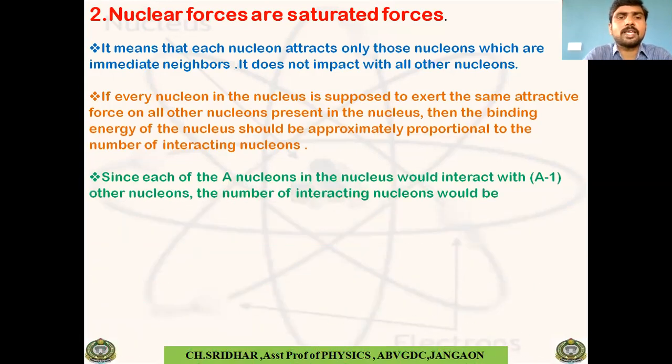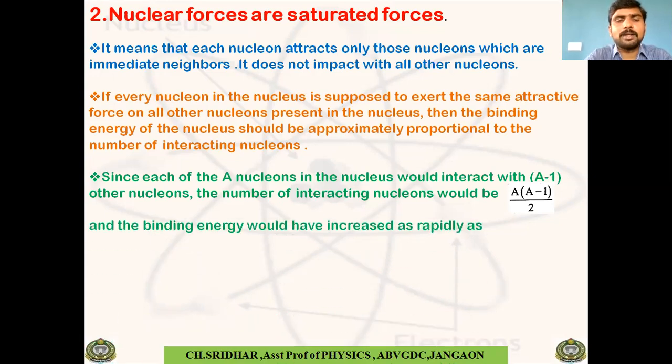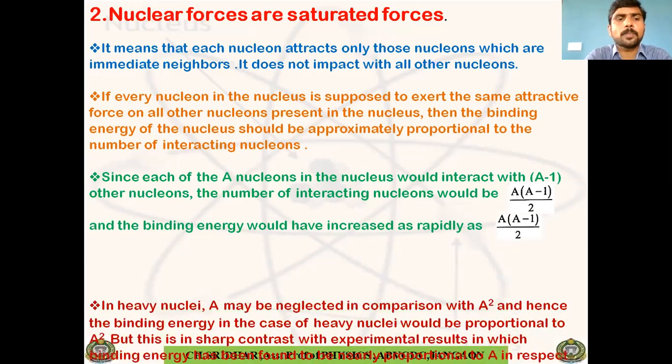Since each of the A nucleons would be interacting with A minus 1 other nucleons, the number of interacting nucleons would be A into A minus 1 divided by 2, and the binding energy would increase as rapidly as A into A minus 1 by 2.